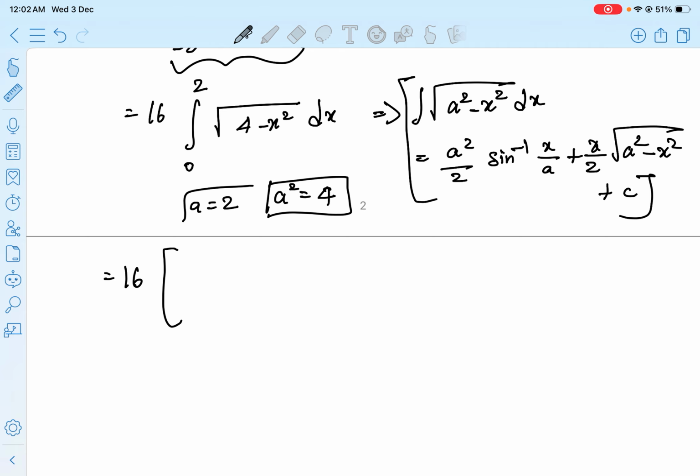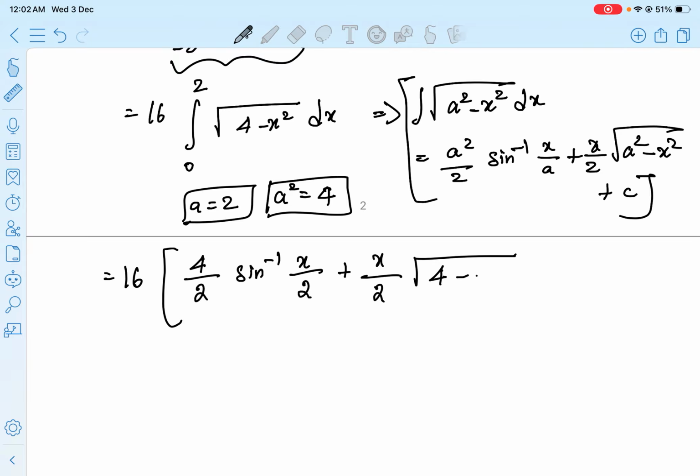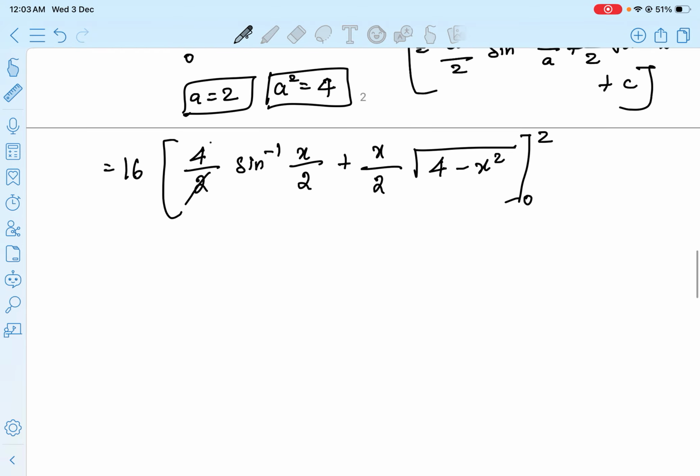So first one, what is this? a square, which means 4 by 2 sine inverse x by a, which is 2, plus x by 2 into a square, which is 4, minus x square. That's all. We don't have any constant, so we are finishing it here, from 0 to 2. Now these two can be cancelled.